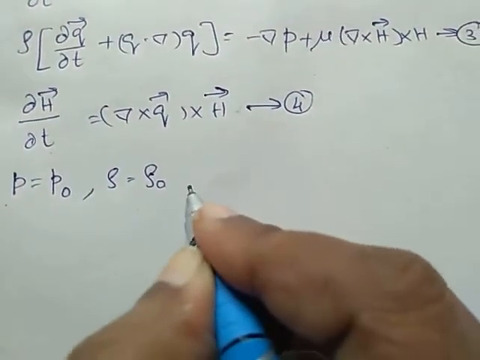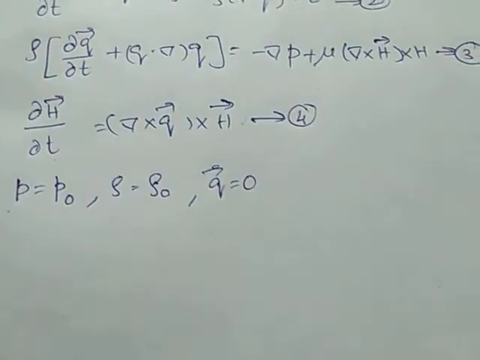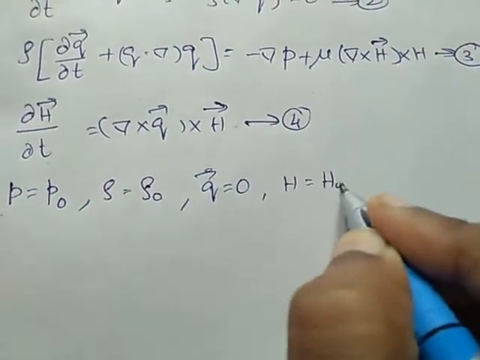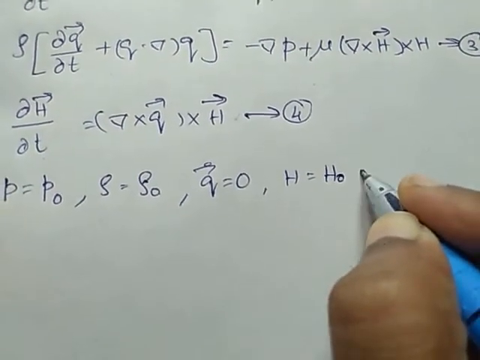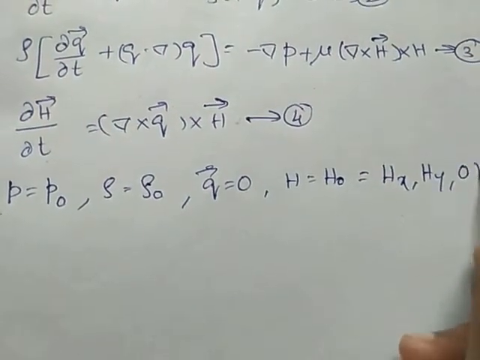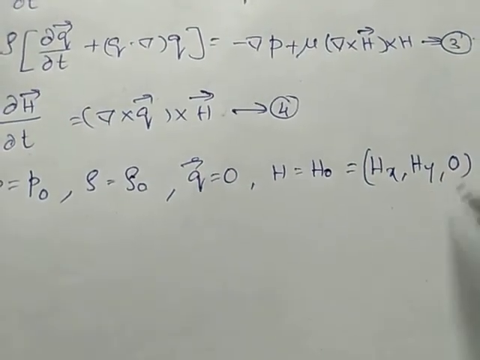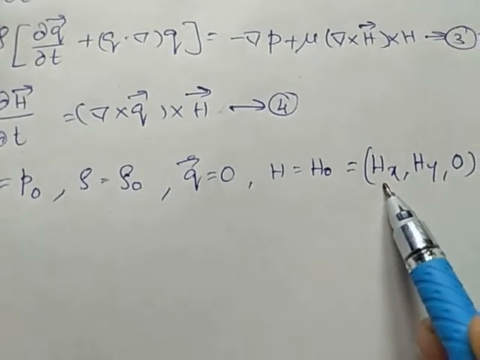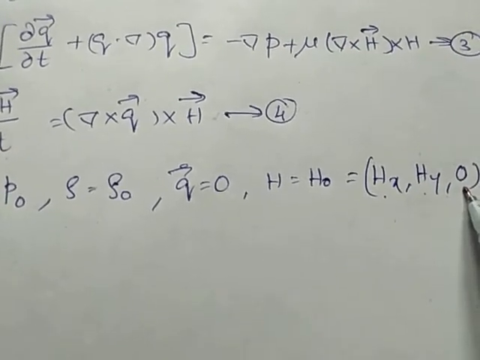The fluid is at rest, therefore there is no velocity, so q is 0, and H is equal to H naught. Here H naught is not H naught k; it is Hx, Hy and 0, because we are not applying the field vertically upward, we are applying it horizontally. So we have an x-axis value and a y-axis value, but we don't have a z-axis value.